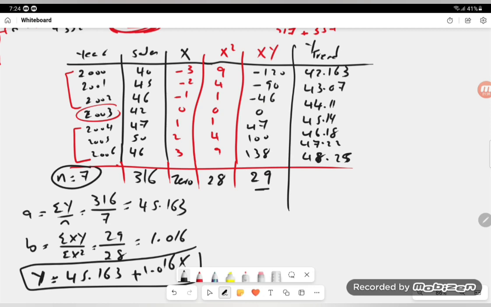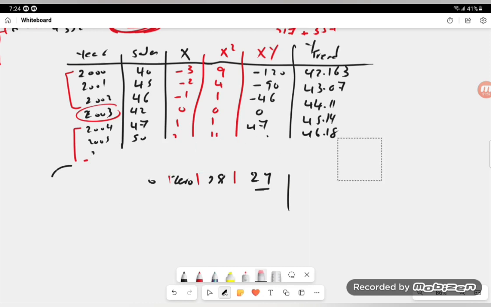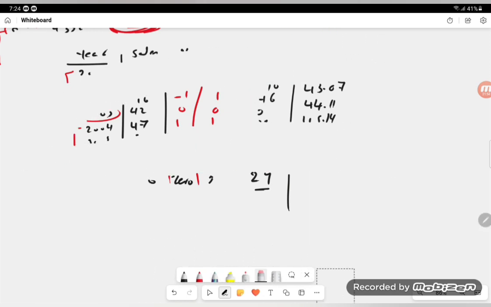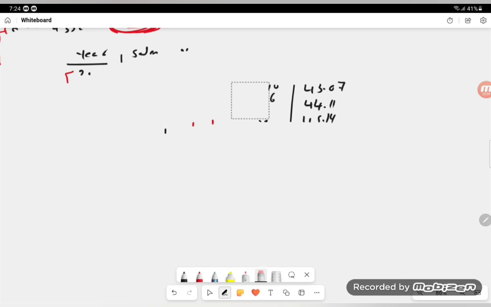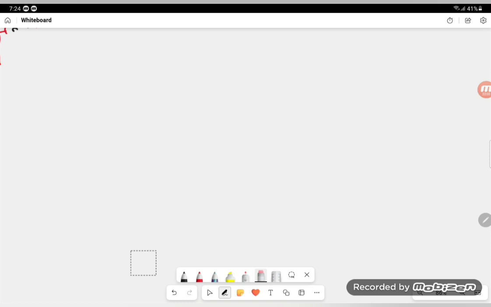So what are the main advantages and disadvantages of using this method? Number 1, it eliminates personal bias.